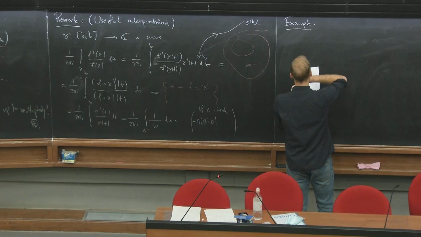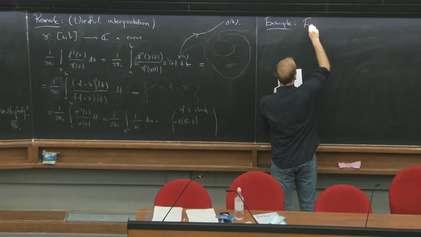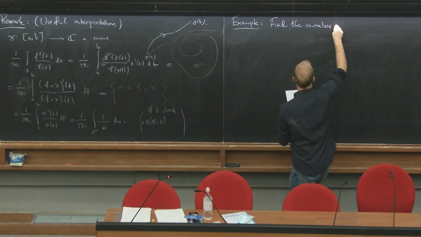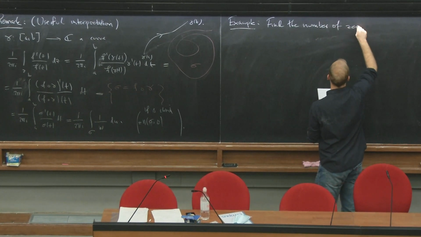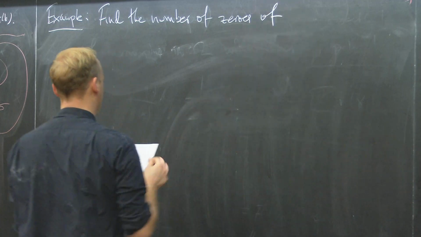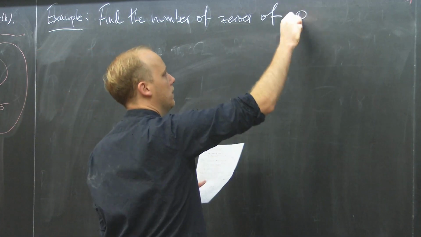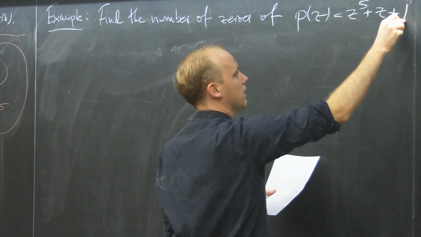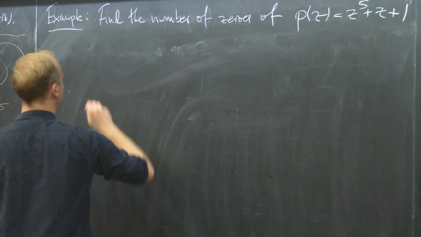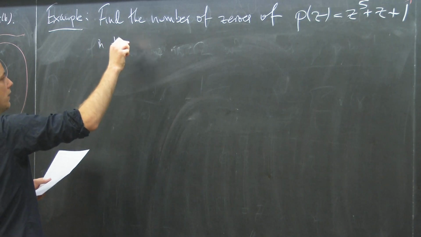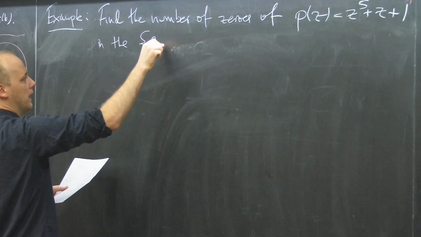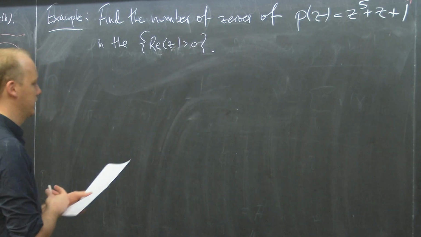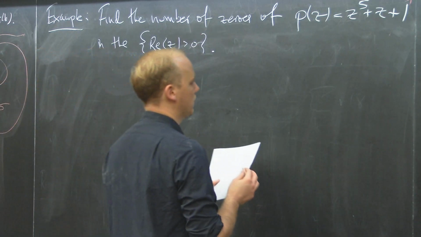So the example of the argument principle would be, can we find the number of zeros of, let's say, some polynomial like this in the right half plane, so in the plane which has positive real part.